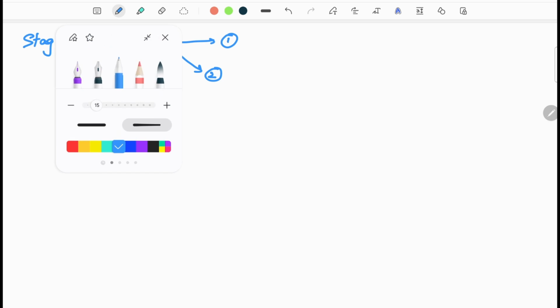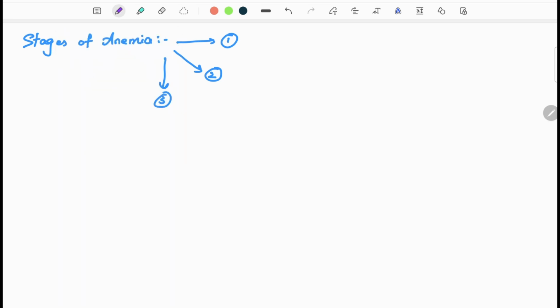Now let's discuss the stages of anemia. These are divided into 3 stages: stage 1, stage 2 and stage 3. Let's discuss them one by one. In stage 1 there will be a decrease in storage.